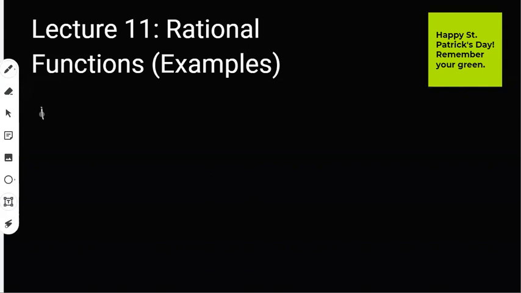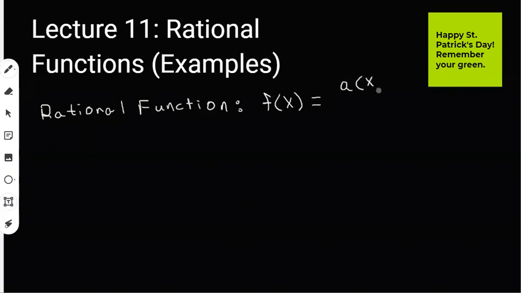Well, a rational function is just going to be a function of x, where x is the independent variable. So what you're going to have is f of x equals a of x on top of the fraction, and then you're going to have b of x on the bottom of the fraction.